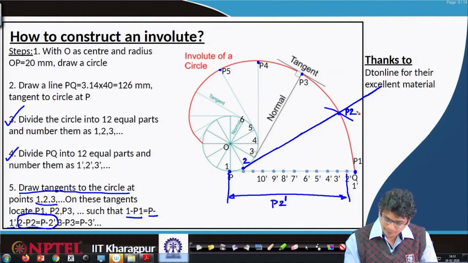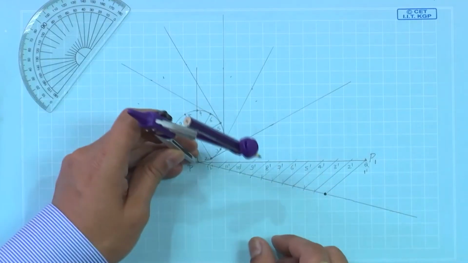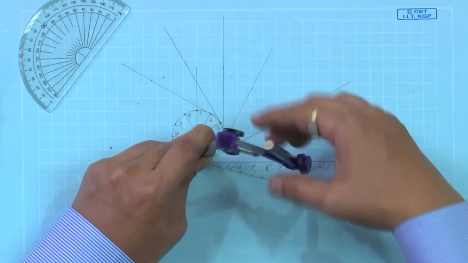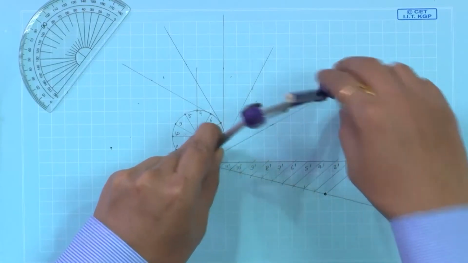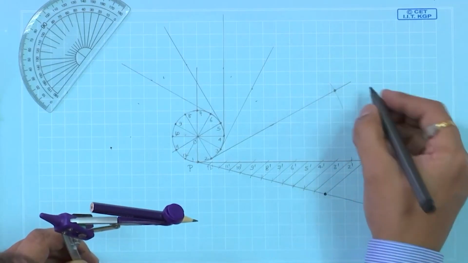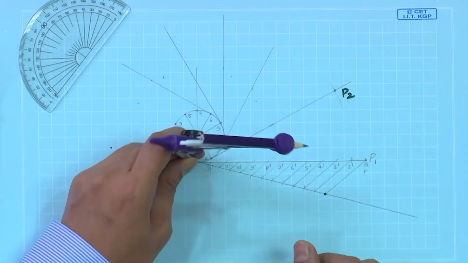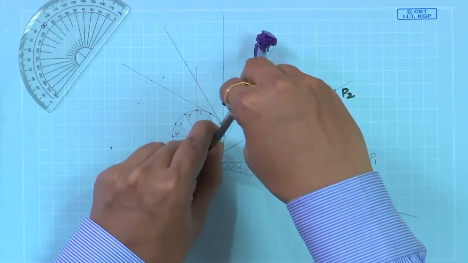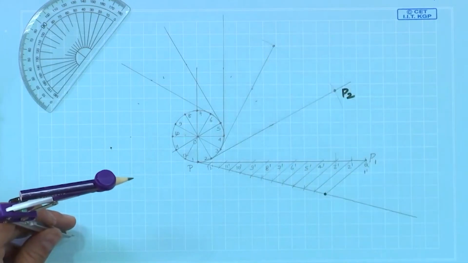Already we know this point P1, so locate it on the sheet. Now, use the distance P to the second point, whatever the distance, and locate it on that point. This is point P2. Similarly, from P, use the 3 prime distance and locate there. This will be point P3.